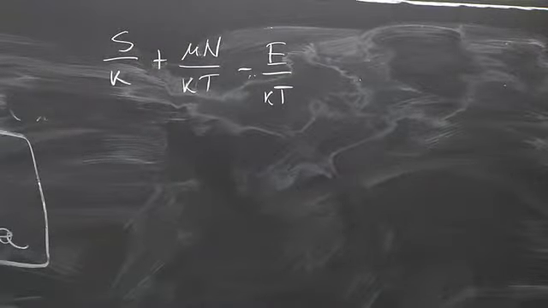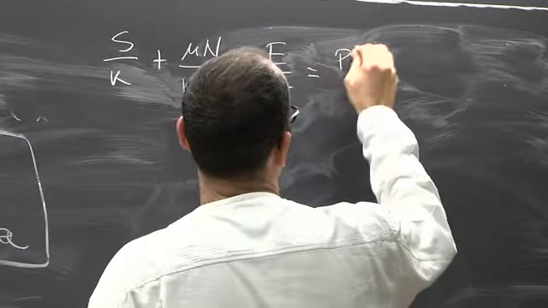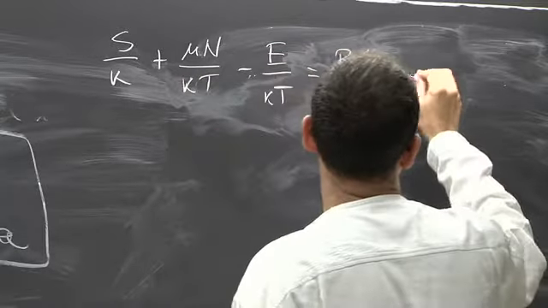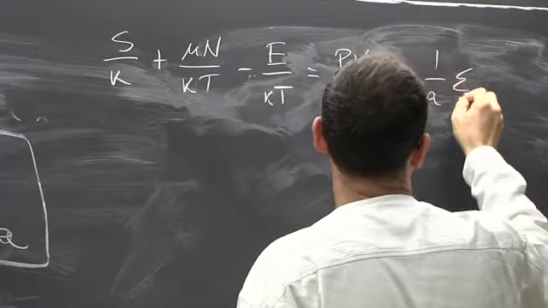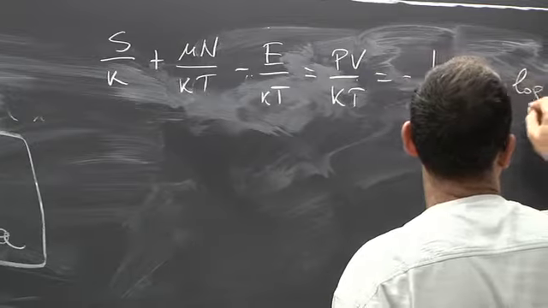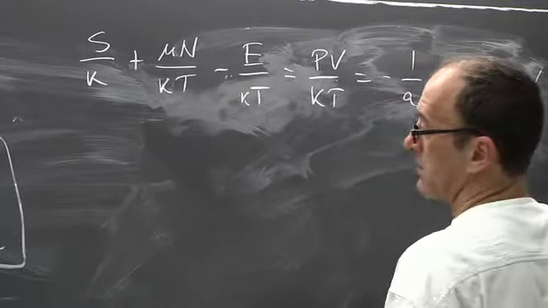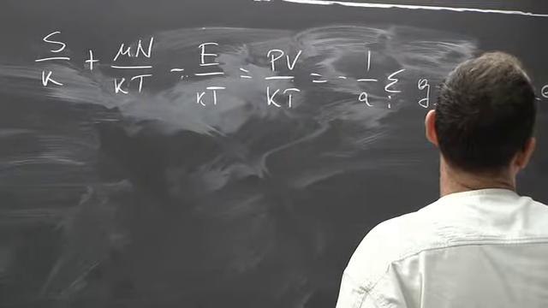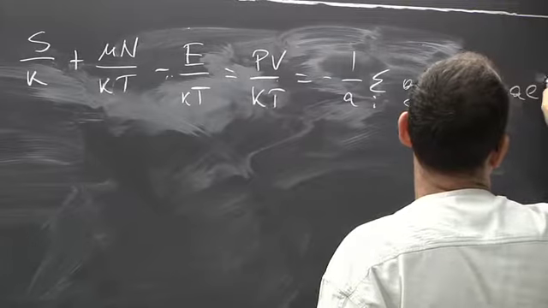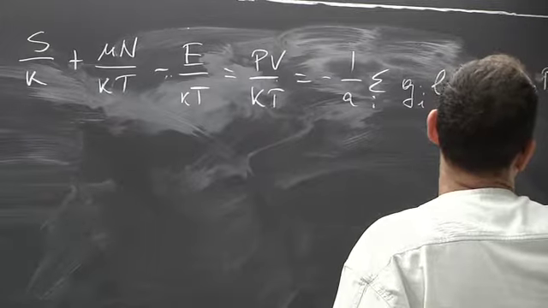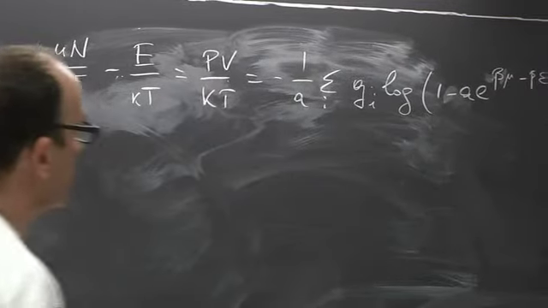So if I take this on the other side, this is exactly equal to PV divided by kT. And this is equal to minus 1 over a sum over i of g_i log 1 minus a e to the beta mu minus beta epsilon.